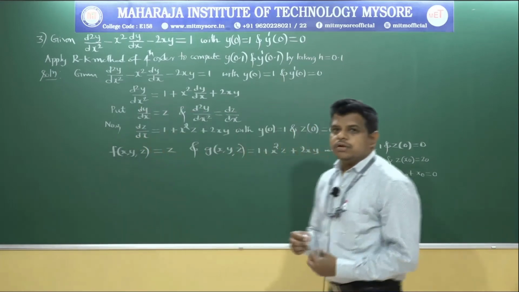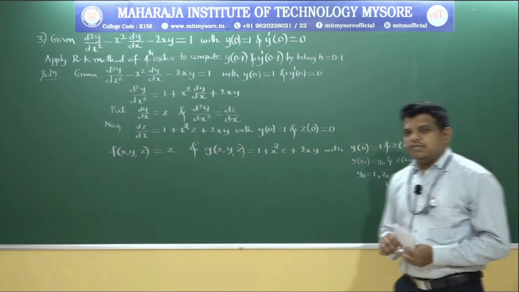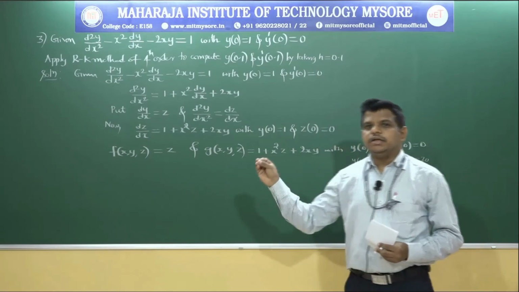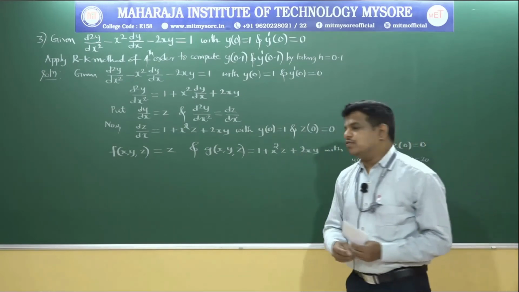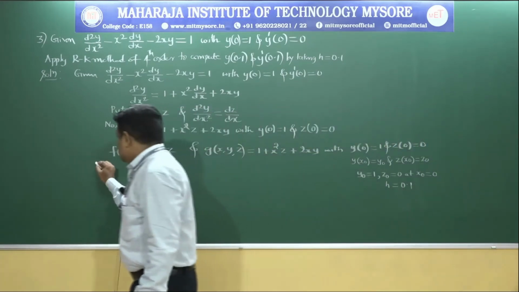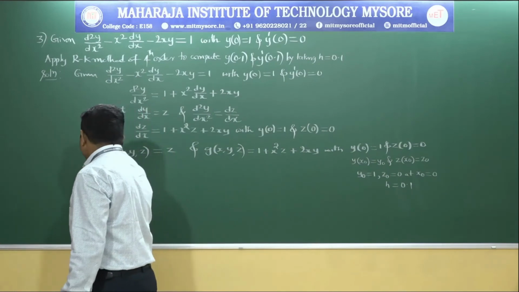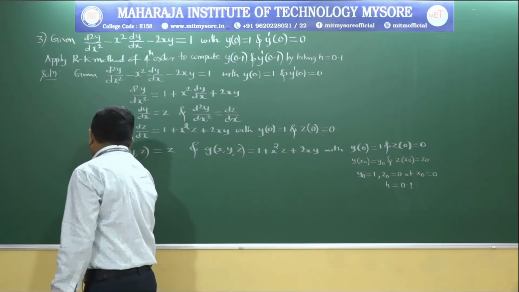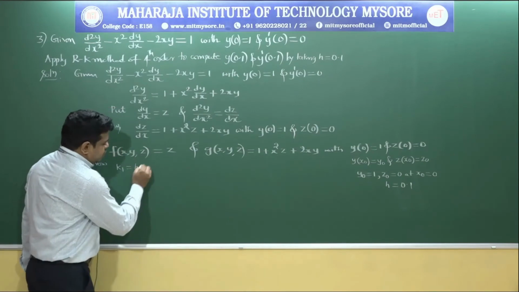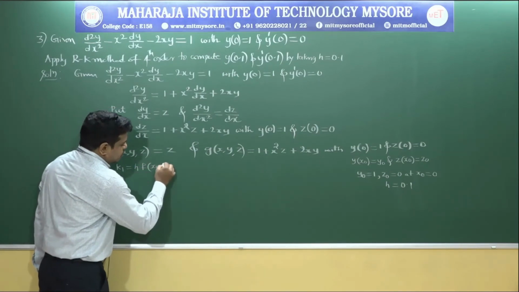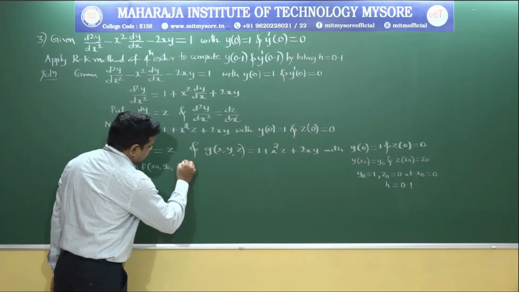Now we compute K1, L1, K2, L2, K3, L3, K4 and L4. Now K1 equals h into f of x naught comma y naught comma z naught.